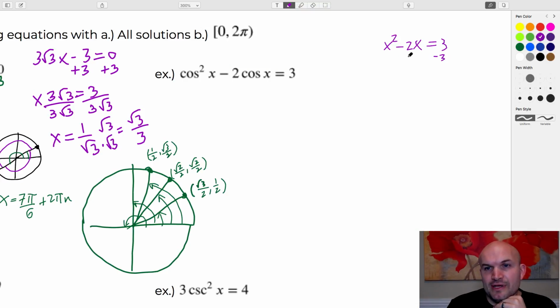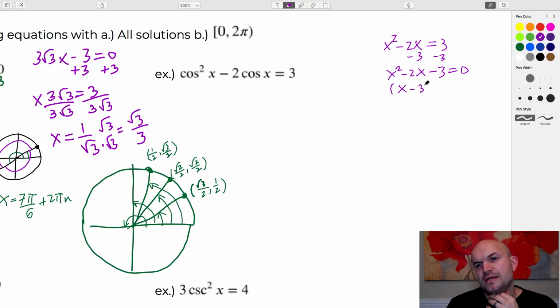So we subtract 3 here, and I get x squared minus 2x minus 3 equals 0. Thankfully, this is factorable. So I could do x minus 3 and then x plus 1. Now, I'm not going to solve this, but what's important about this is I would do the exact same thing here with cosine.